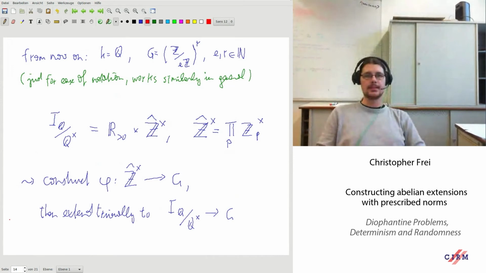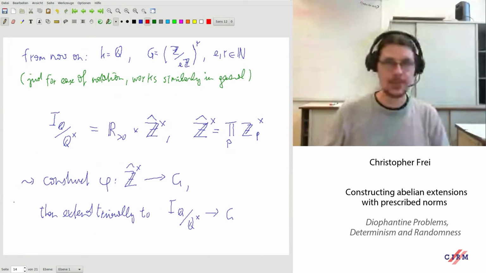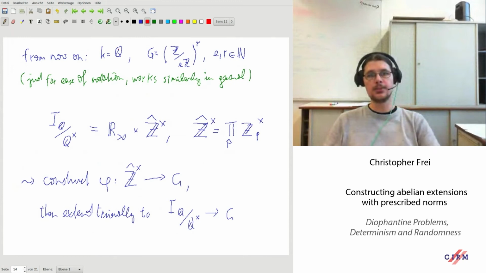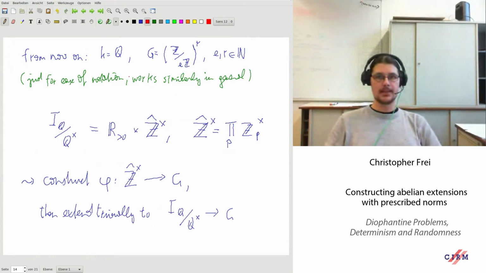It's not a problem to do all of this over arbitrary base number fields little k, but it's just notationally a bit easier to do it over Q. So from now on, I'm going to restrict to little k equals Q for this presentation. And similarly, I'm going to restrict my group G to be of this form, Z mod eZ to some power r.